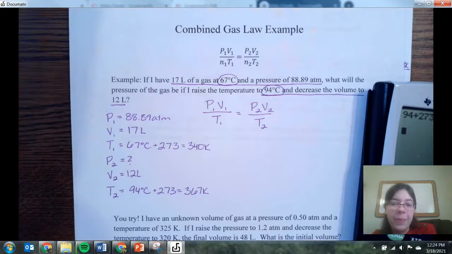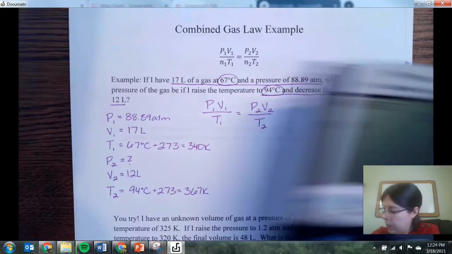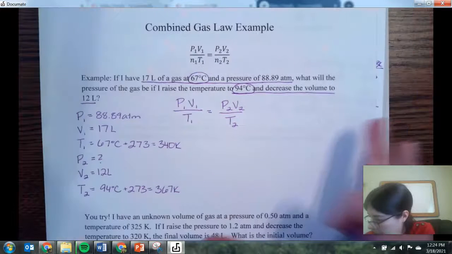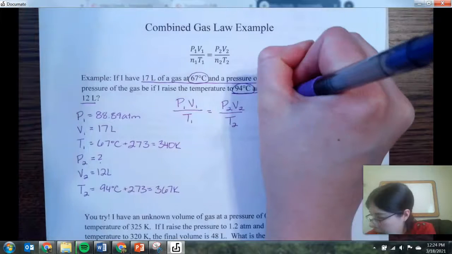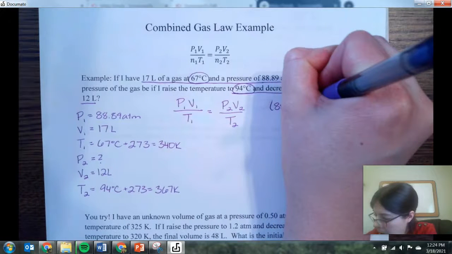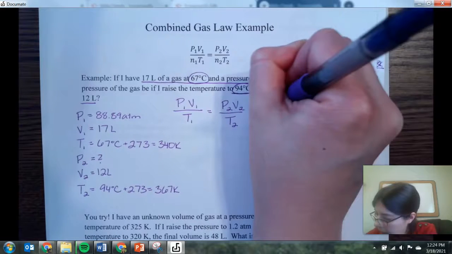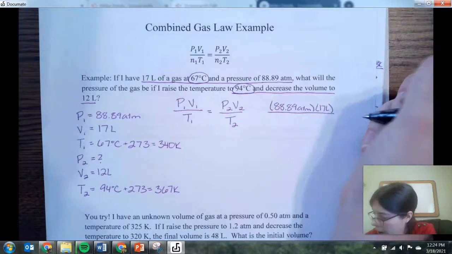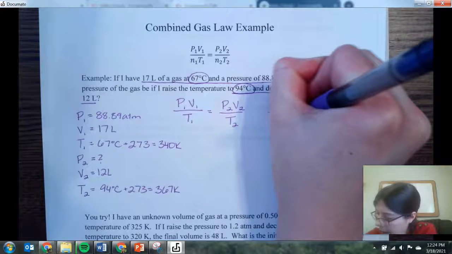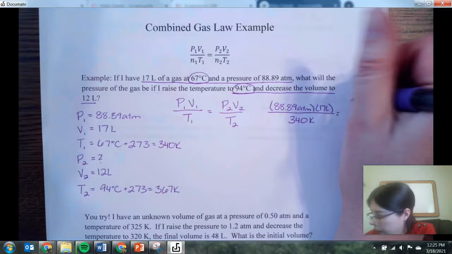Okay, so now I'm going to go ahead and plug those values into my equation. So my initial pressure is 88.89 atmospheres. My initial volume is 17 liters, and that is over an initial temperature of 340 Kelvin. For my final side, my P2, I do not know.